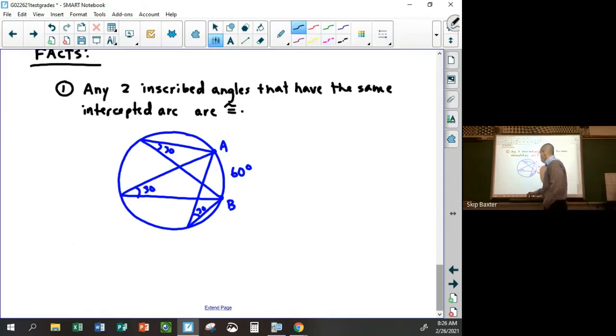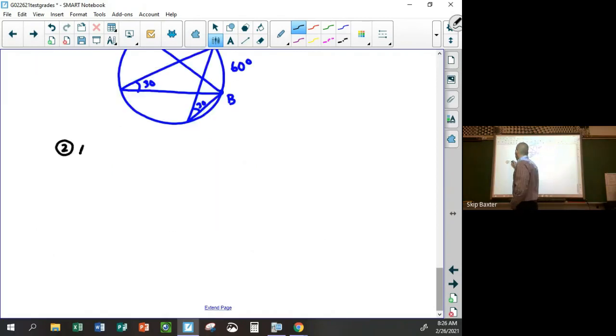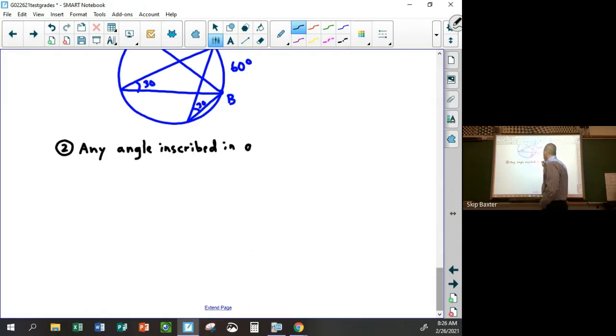And then the second thing that's true is that any angle inscribed in a semicircle, what does that prefix semi mean? Half. So in a half circle is 90 degrees.